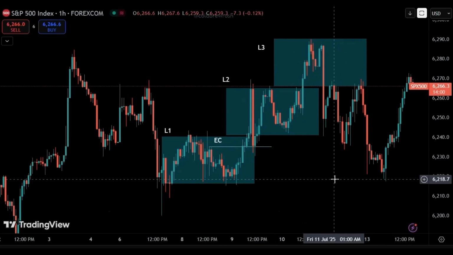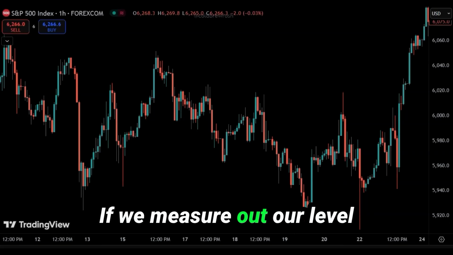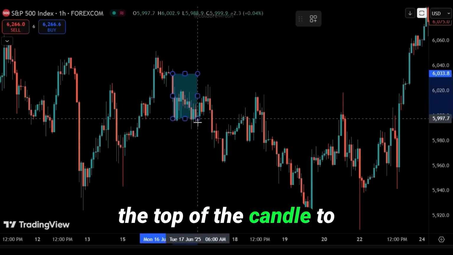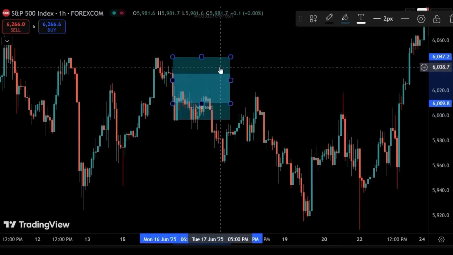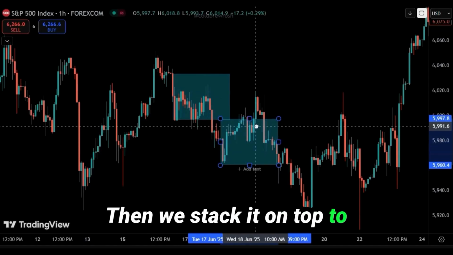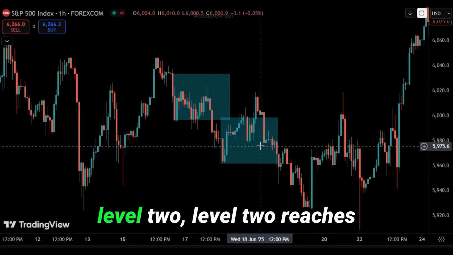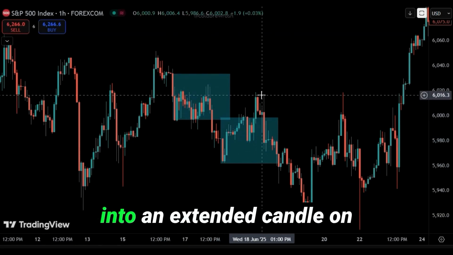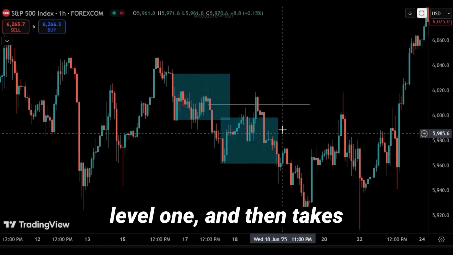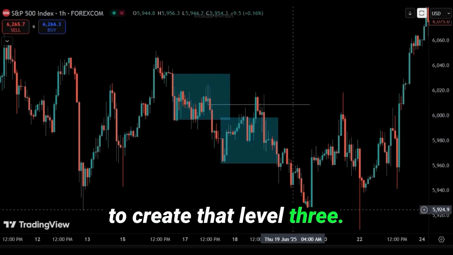Let's look at a bearish example. If we measure out our level 1, from the top of the candle to the bottom of the candles, and then stack it on top to the bottom of this candle, here we see our level 1 and our level 2. Level 2 reaches into an extended candle on level 1, and then takes a move to the downside to create that level 3.